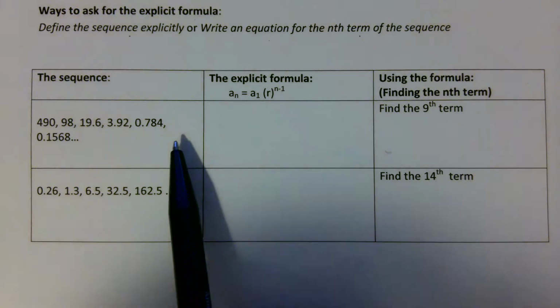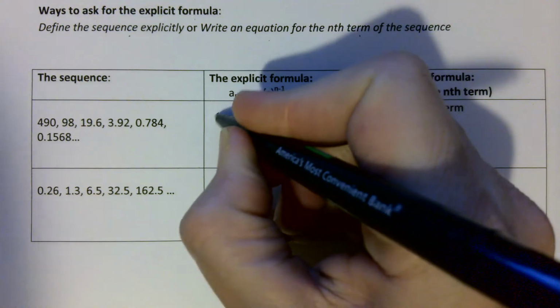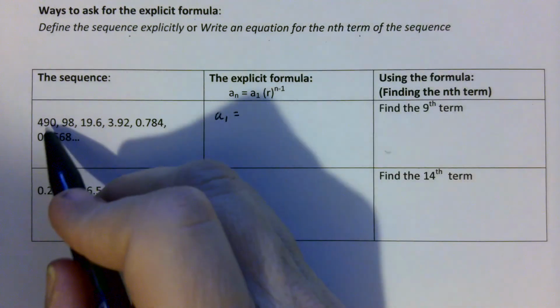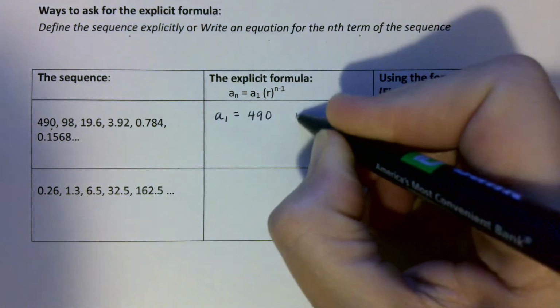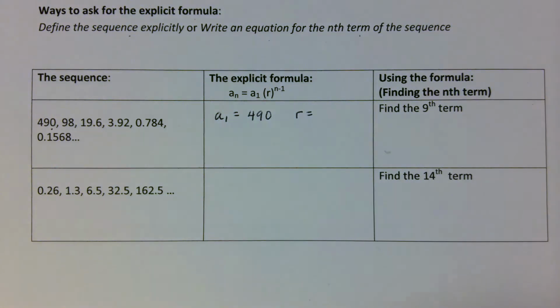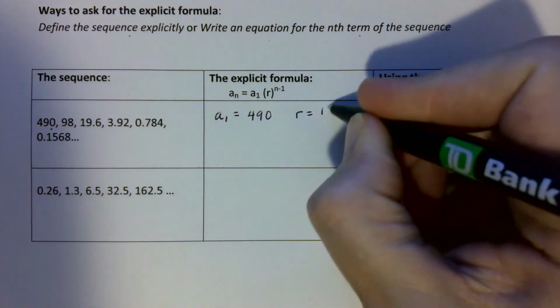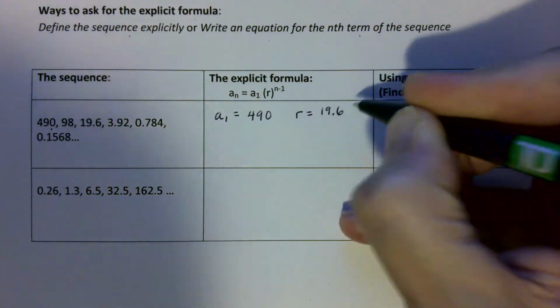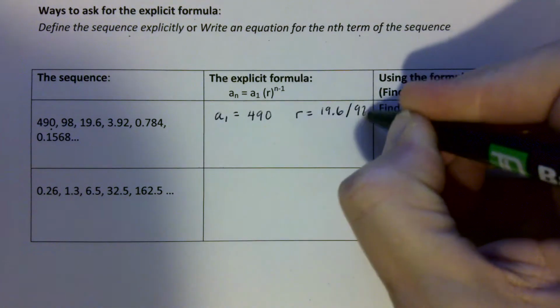Here's our first sequence, and our explicit formula calls for two pieces of information. We need the first term, which is 490, and we need our common ratio. To find the common ratio, you can take any term here, say 19.6, and divide it by the previous term, 98.